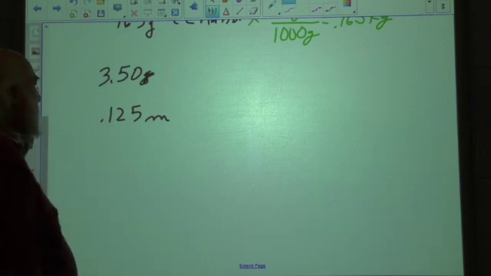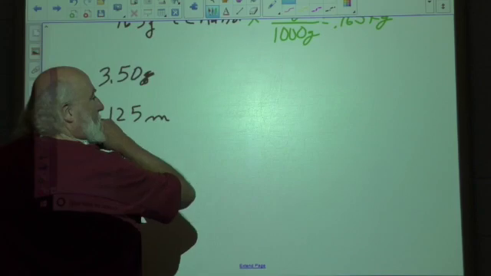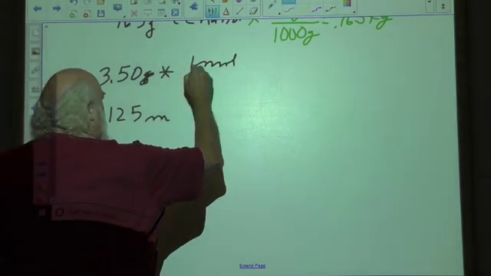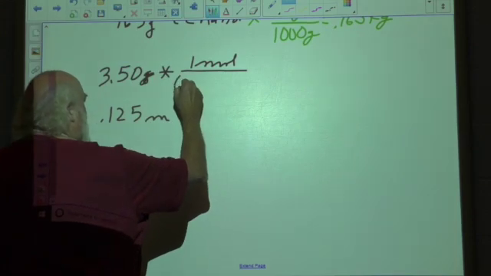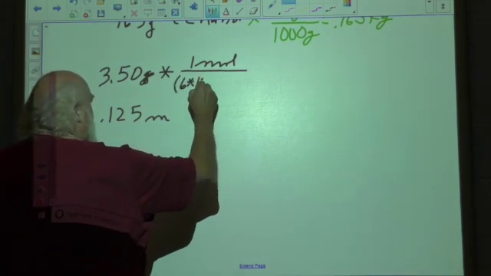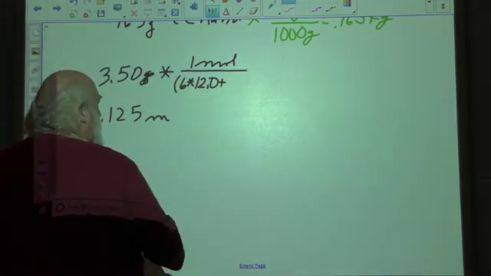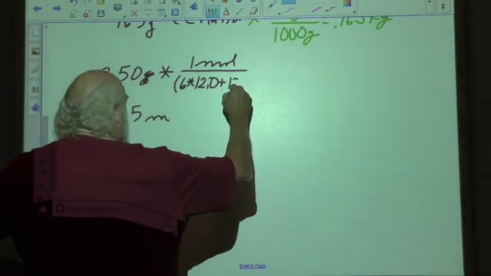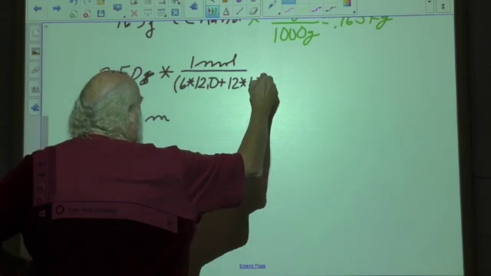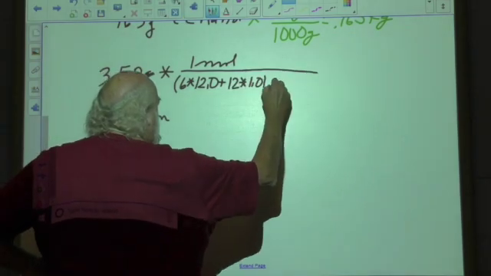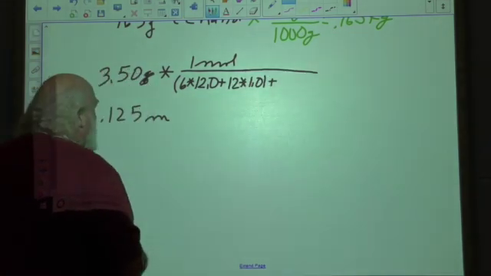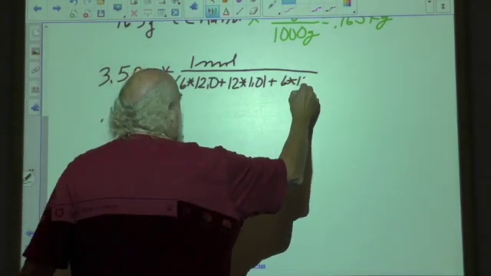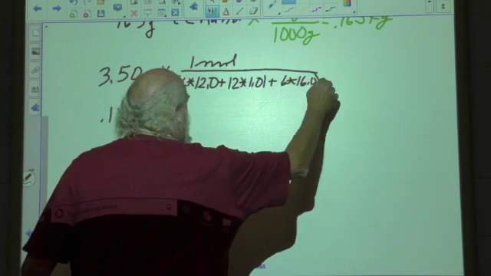So we've got fructose here, which is C6H12O6, so we have to change this to moles. 1 mole on top. And we've got 6 carbons, so 6 times 12.0, plus 12 hydrogens, so 12 times 1.0, plus 6 oxygens, 6 times 16.0, all in grams.